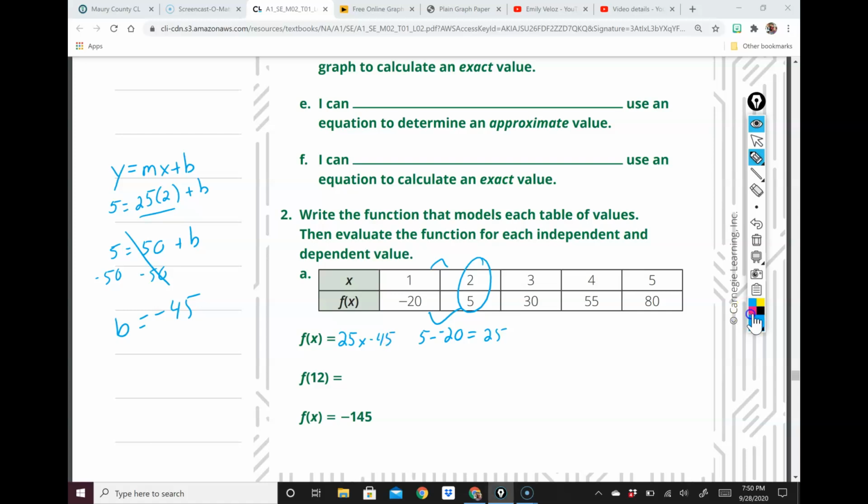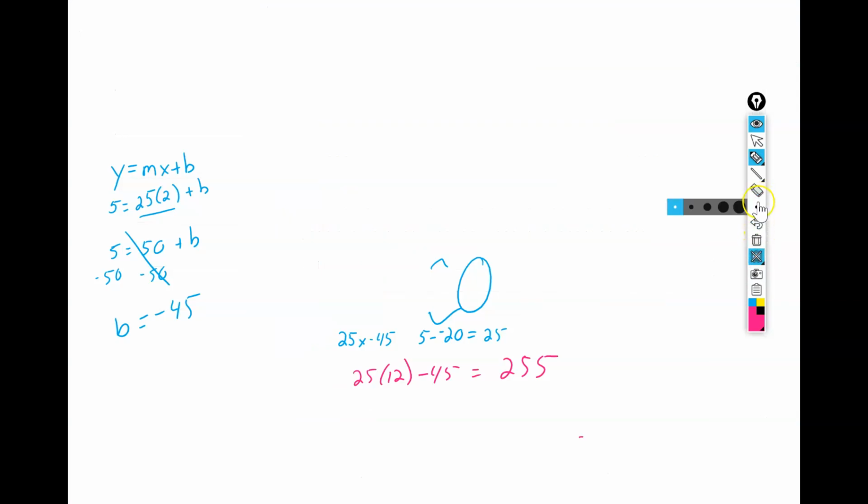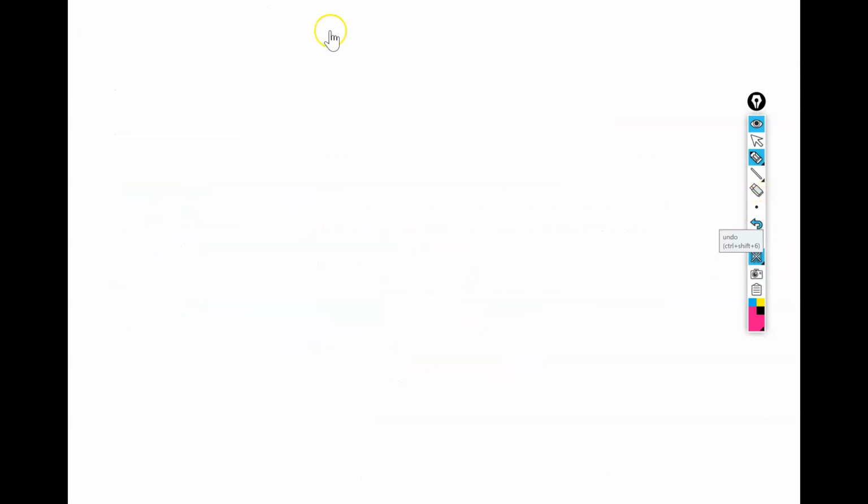Now if I plug in 12, 25 times 12, take away 45. So 25 times 12 minus 45 gives me 255. Here I'm given the output of negative 145, so I'm going to do this a little differently.